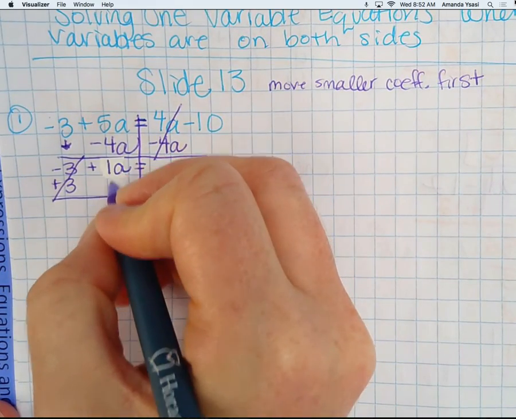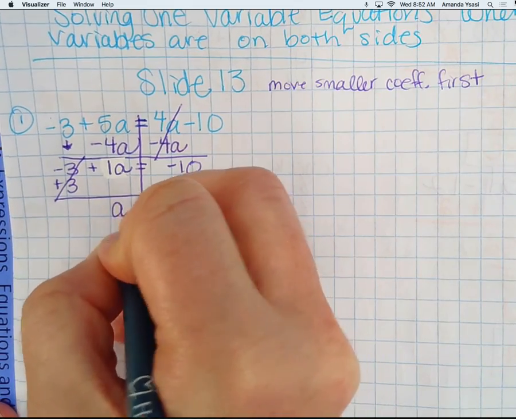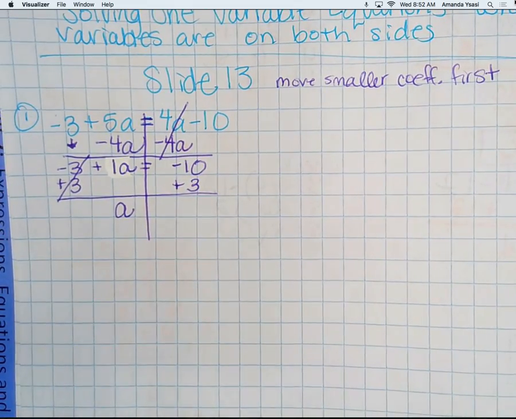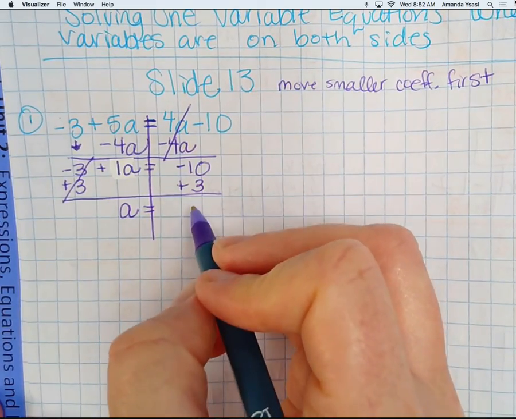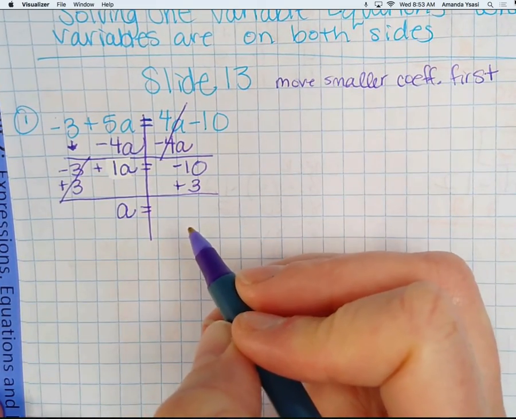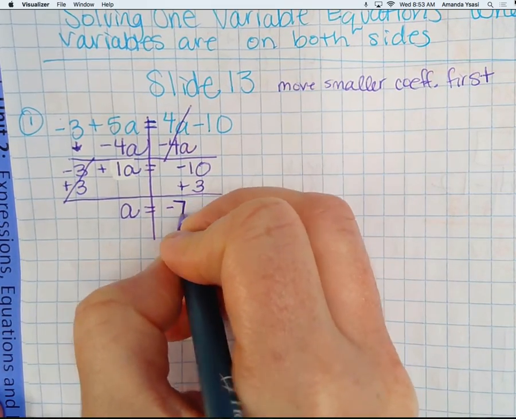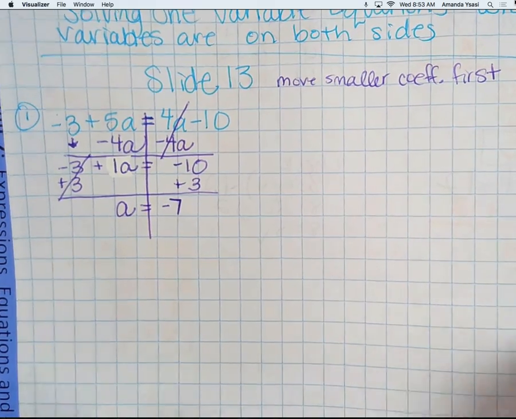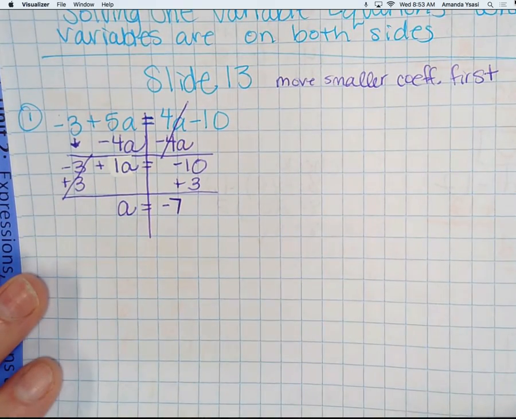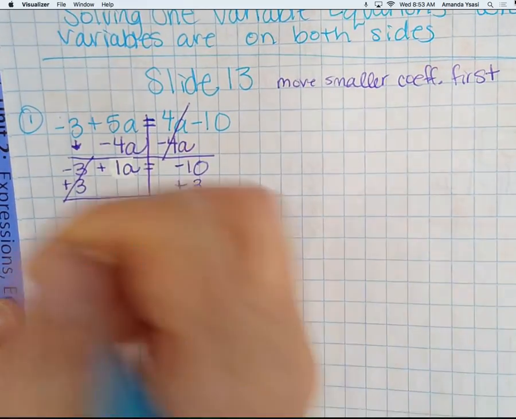That leaves us with, I can write it as 1a, or I can drop off that 1 and just have it as a, because they mean the same thing. Equals negative 10 plus 3. Negative 7. If you need to use your calculator, go for it. I'm not going to judge you, because you can use your calculator now. All right, so a equals negative 7, but we still need to check our work.